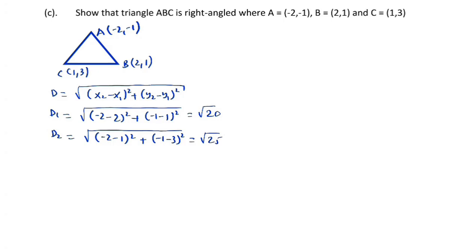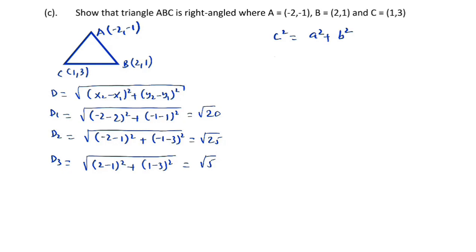Okay, so next let us take points B and C. We are going to call this D3. Then the distance between these 2 points is going to be D3 equals under root in brackets 2 minus 1 squared plus 1 minus 3 squared, which equals under root 5. Okay, so from Pythagoras theorem, c squared equals a squared plus b squared. Substitute D2 as c, D1 as a, and D3 as b.